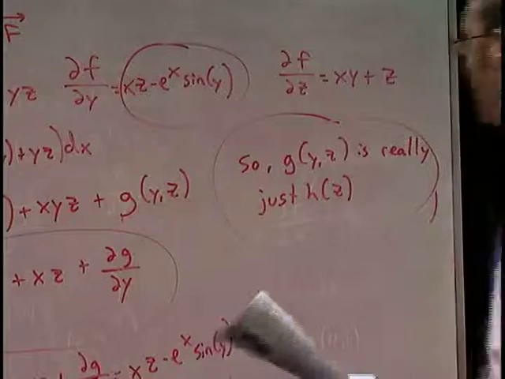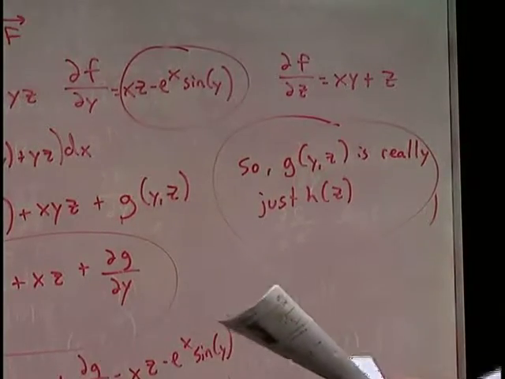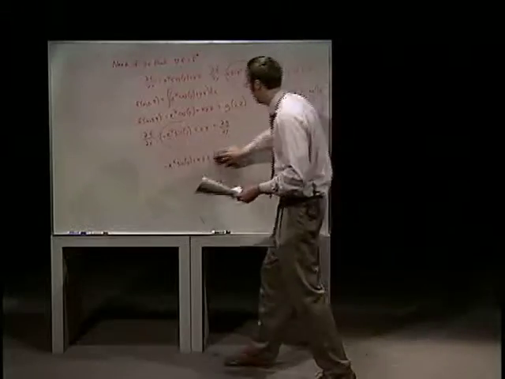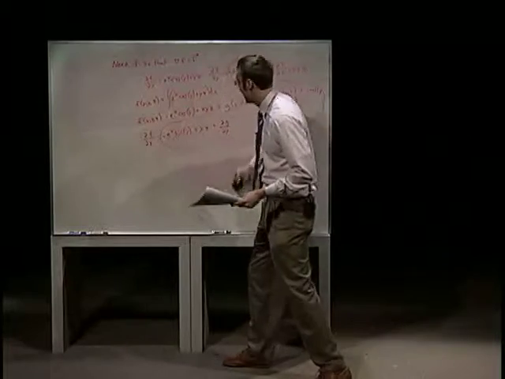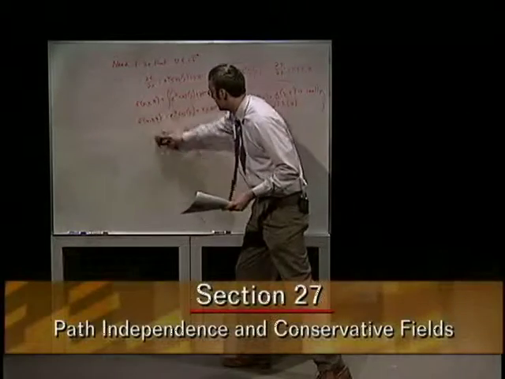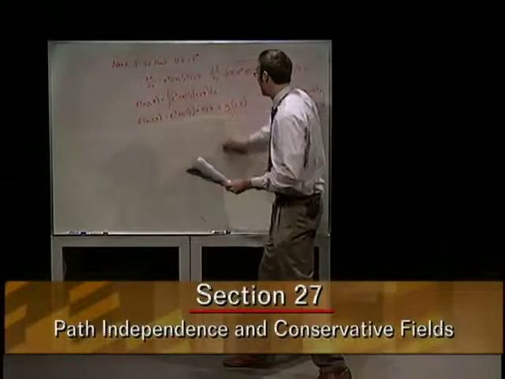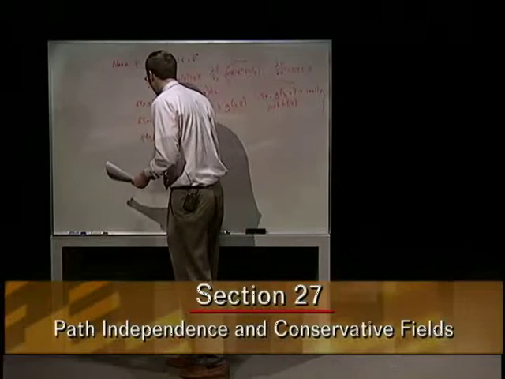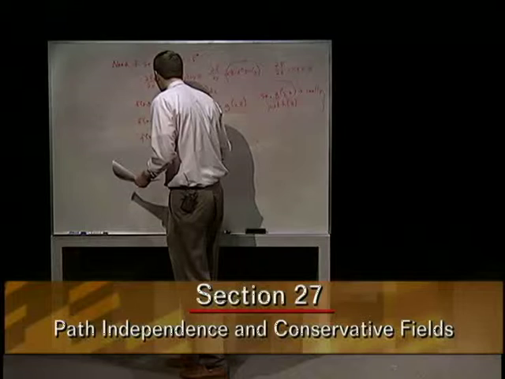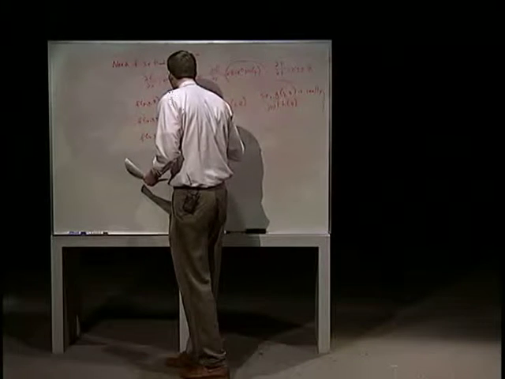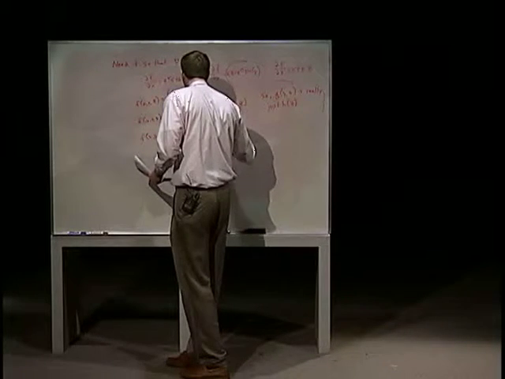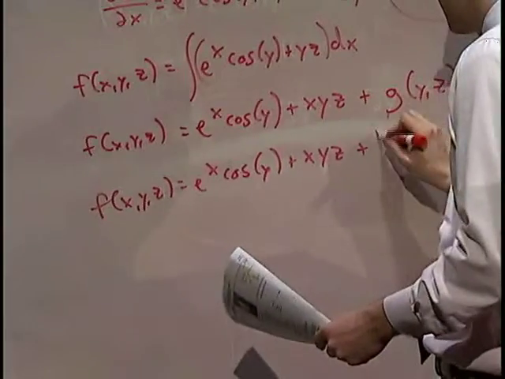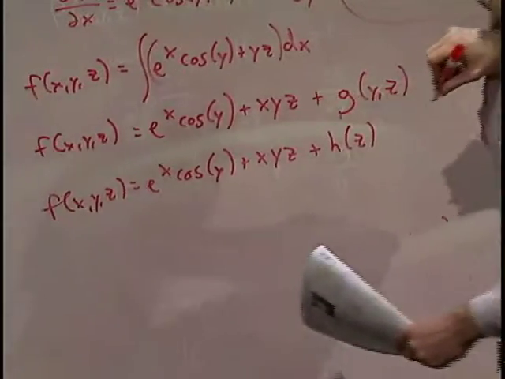So let me erase some of this stuff. And so now what we have is f of xyz equal to e to the x cosine y plus xyz plus some h of z.